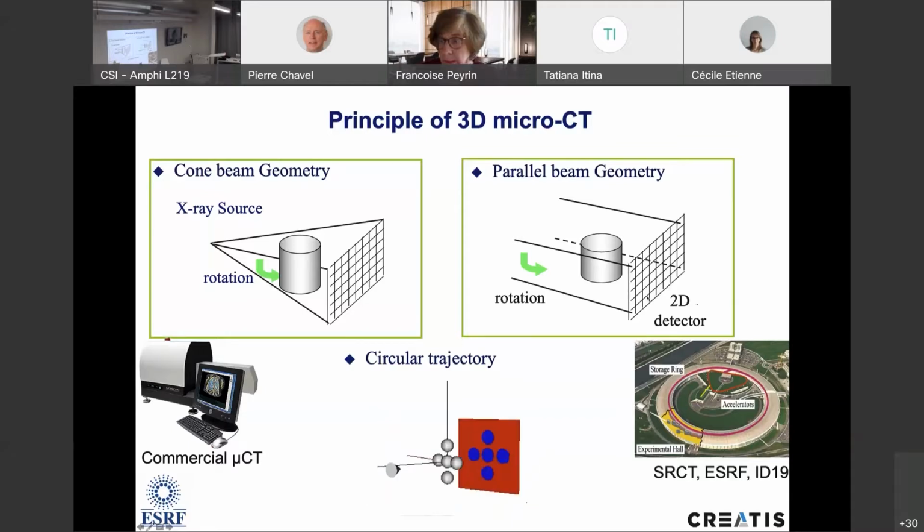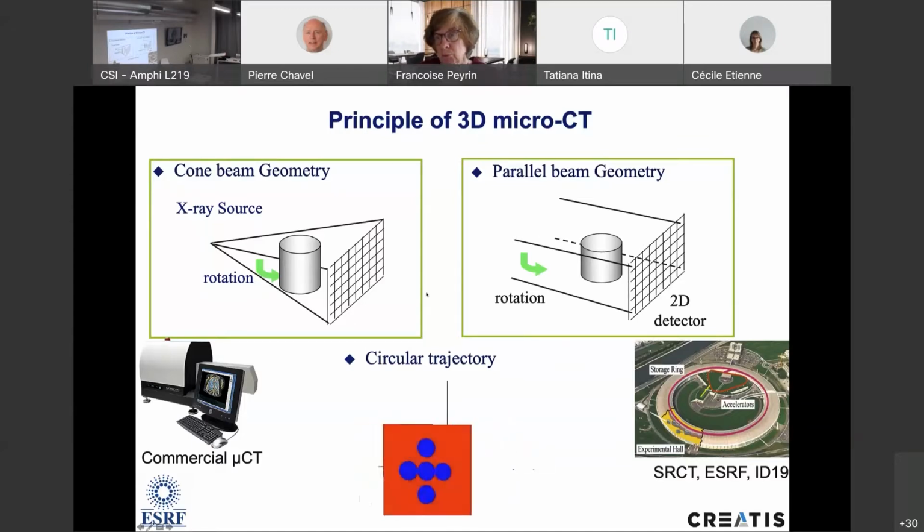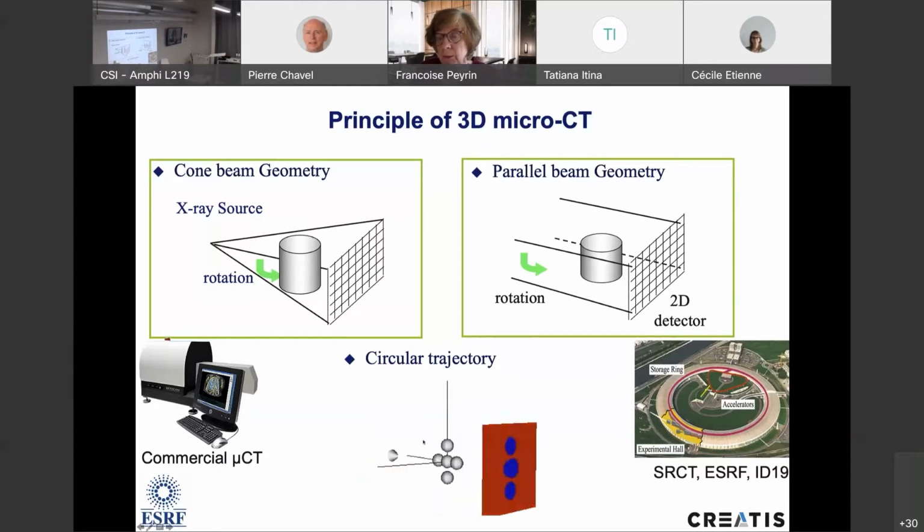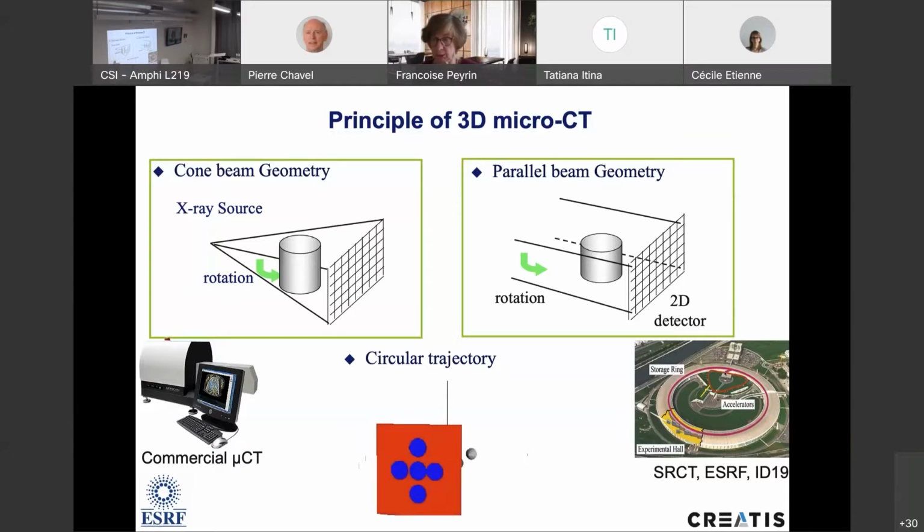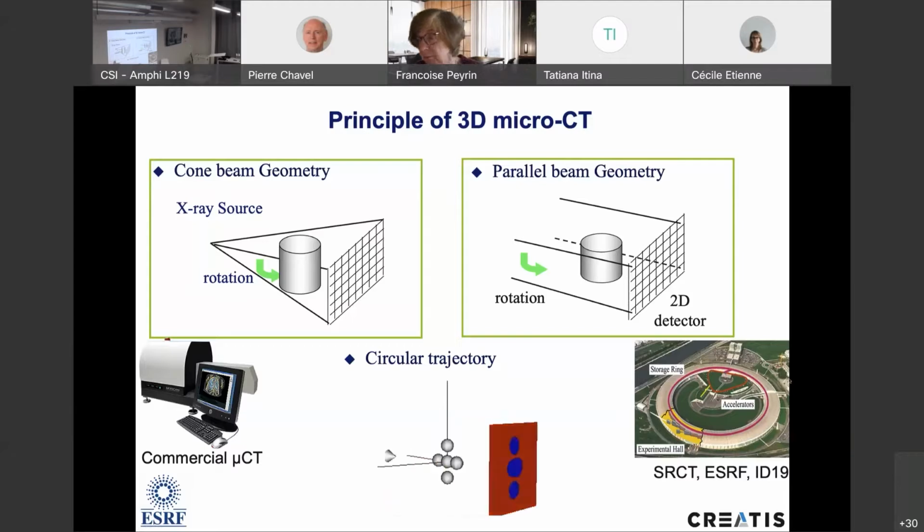And you can do also parallel beam CT, which is the limit case of the previous one when the source goes to infinity. So you will also record a set of projections and then reconstruct a 3D object. And this is, for instance, the geometry that is possible on the synchrotron radiation micro-CT system that we have developed 20 years ago, and that I will describe later.